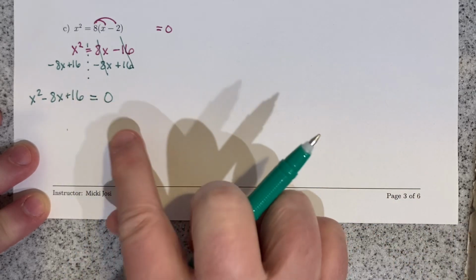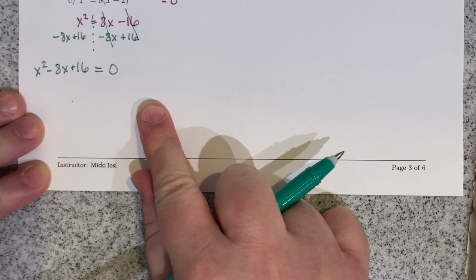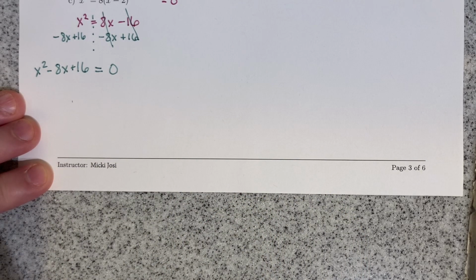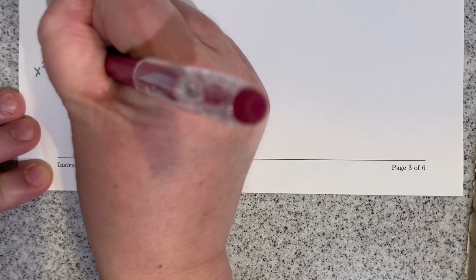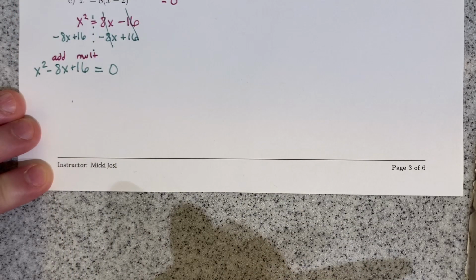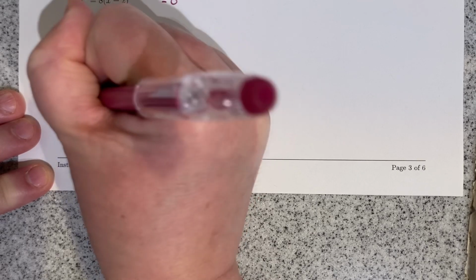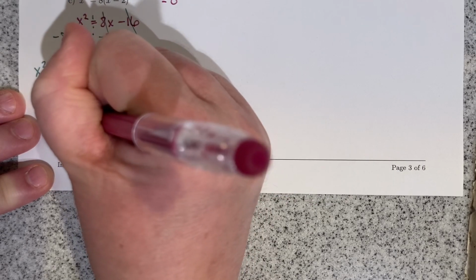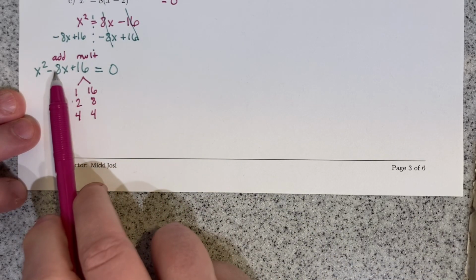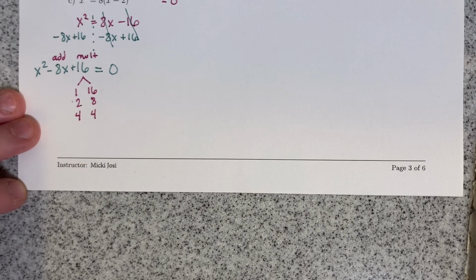All right, we got our equal 0. Took a little bit of work, but that's not too bad. And now there's no a in front of the x squared, so this shouldn't be too difficult. We just need to multiply to 16 and add to negative 8. Well, what multiplies to 16? 1 and 16, 2 and 8, 4 and 4. Oh, these both need to be negative to multiply to a positive and add to a negative.